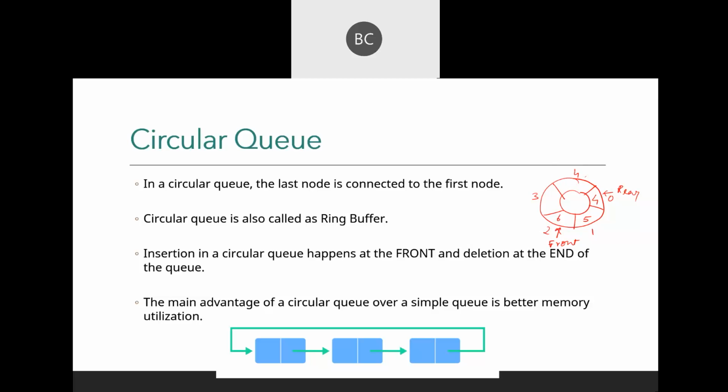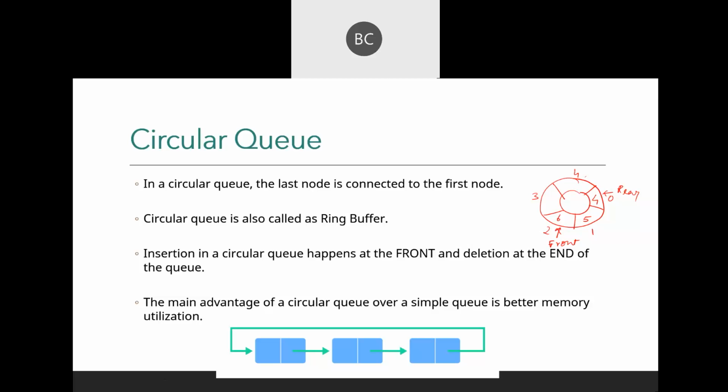So we will learn about the circular queue a bit more. In a circular queue, insertion you can do at the rear and deletion at the front of the queue. The main advantage of a circular queue is that it provides better memory utilization. In a linear queue, there are lots of empty spaces, and the space management is not that good.